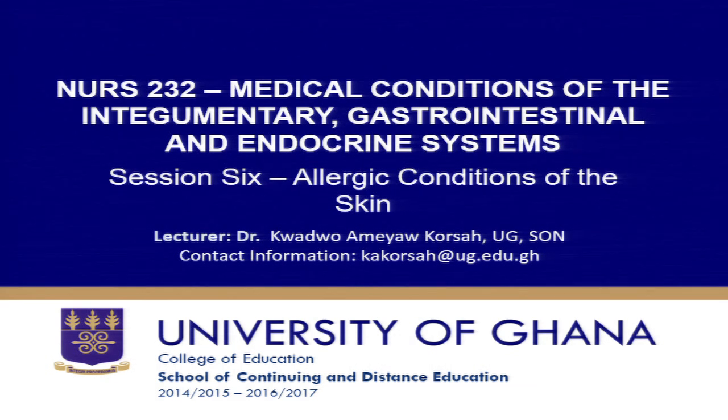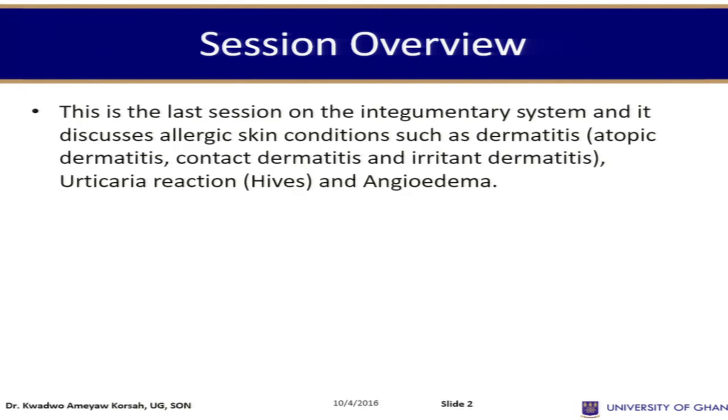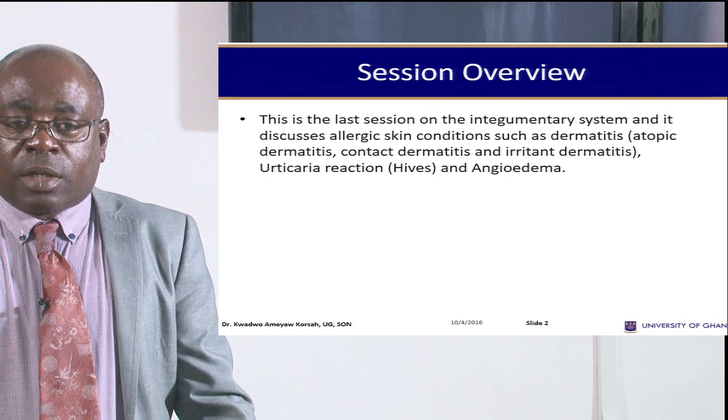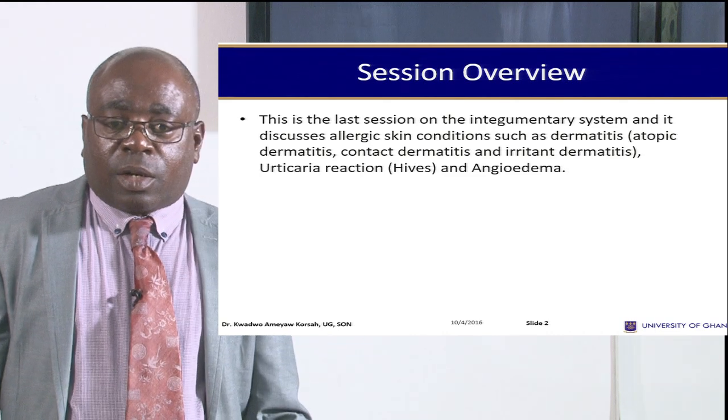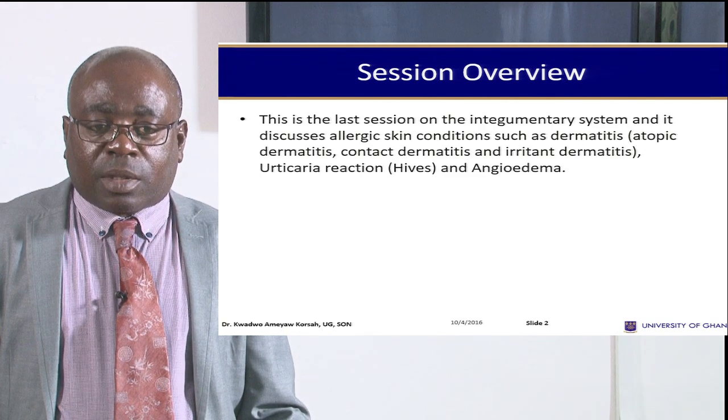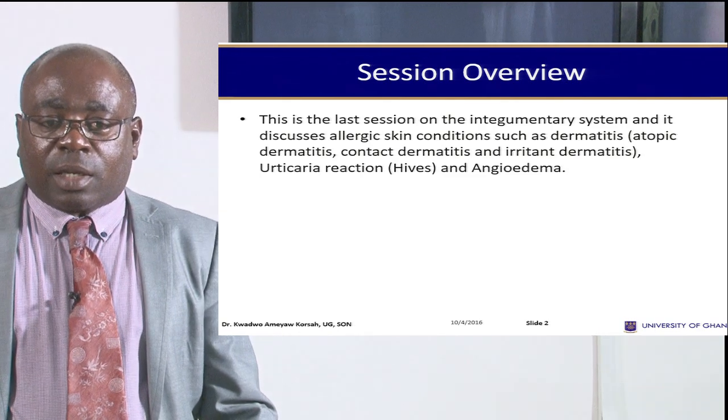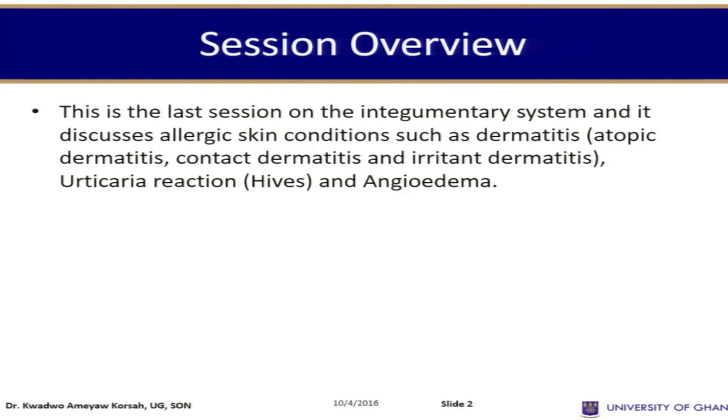This is session 6 of the conditions associated with the integumentary system, and here we are going to look at allergic conditions of the skin. Under this we look at allergic skin conditions such as dermatitis, where we have types: contact dermatitis and then irritant dermatitis.